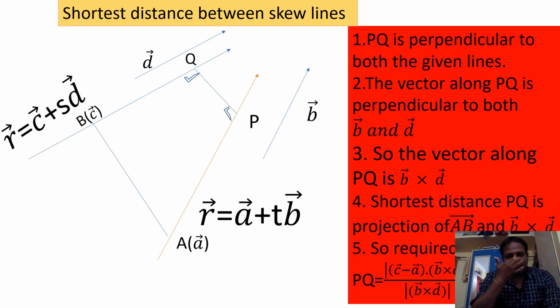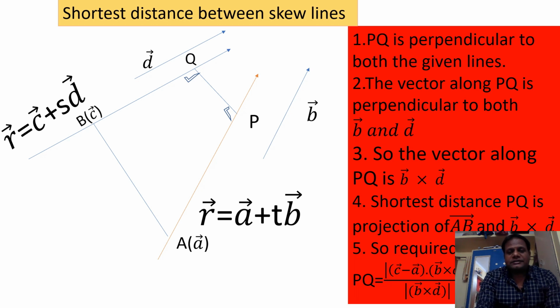Shortest distance between skew lines. See here, suppose I have taken two skew lines. One is r bar equal to a bar plus t b bar and the other is r bar equal to c bar plus s d bar. You know that r bar equal to a bar plus t b bar represents the vector equation of a line.